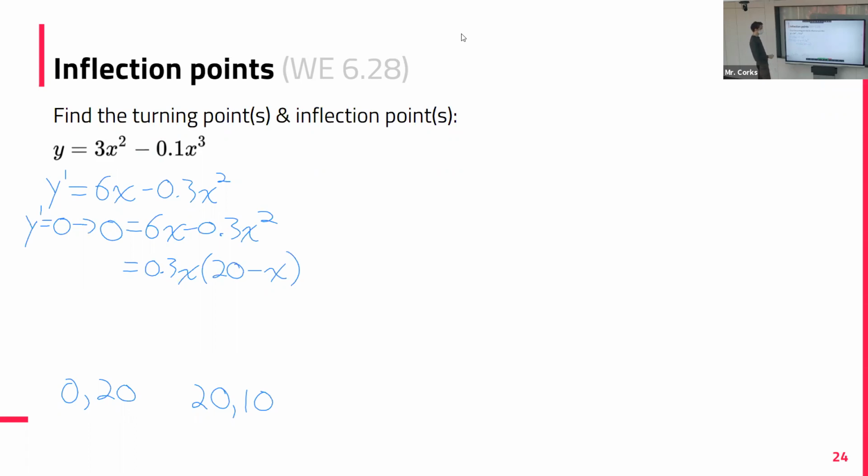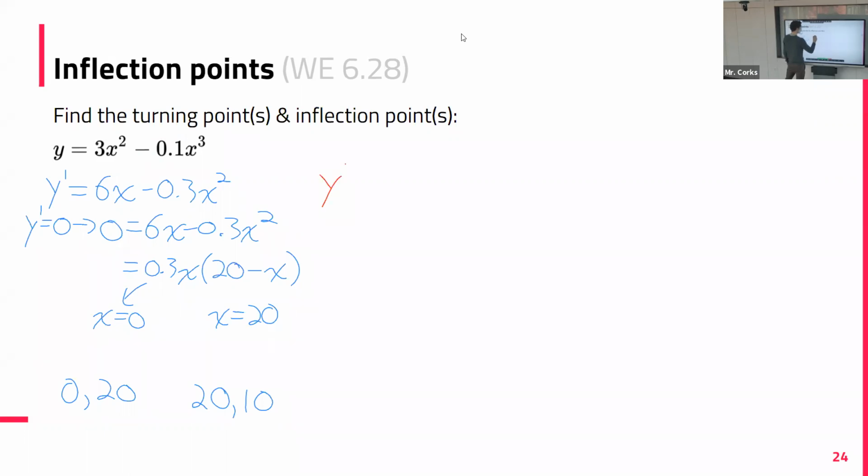Okay, so common factor there. And that means that I won't write out all the detail here. So if this one is 0, then 0.3 times x, so that just means x must be equal to 0. Or in the other one here, if it's 20 minus x, then x must be equal to 20. Okay, so we have 2 interesting points given our first derivative here.